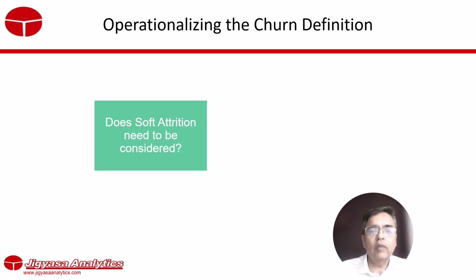So the first question we need to address is whether we need to consider soft attrition, and it depends on the business and an evaluation whether soft attrition can happen here or not. In most cases, there is need to consider soft attrition, and then there might be a practical question also.